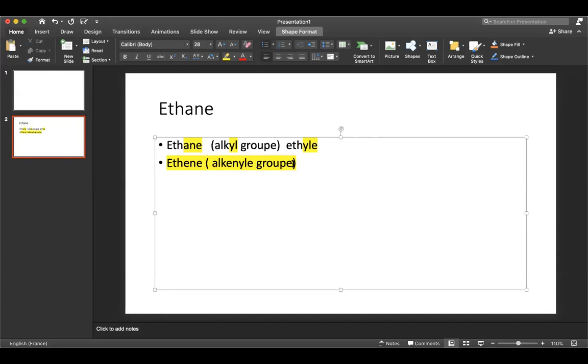In French, our alkenes are written with C, not with K. So if it's a substituent, you are going to also write it in this way. The only thing that I've changed here is that the English one has a K and the French one has a C. So it's going to be an acyl group.